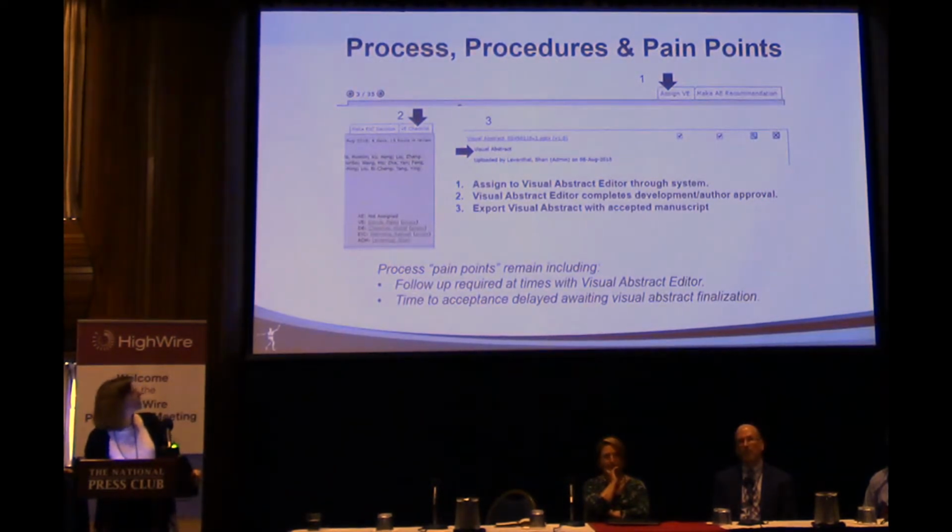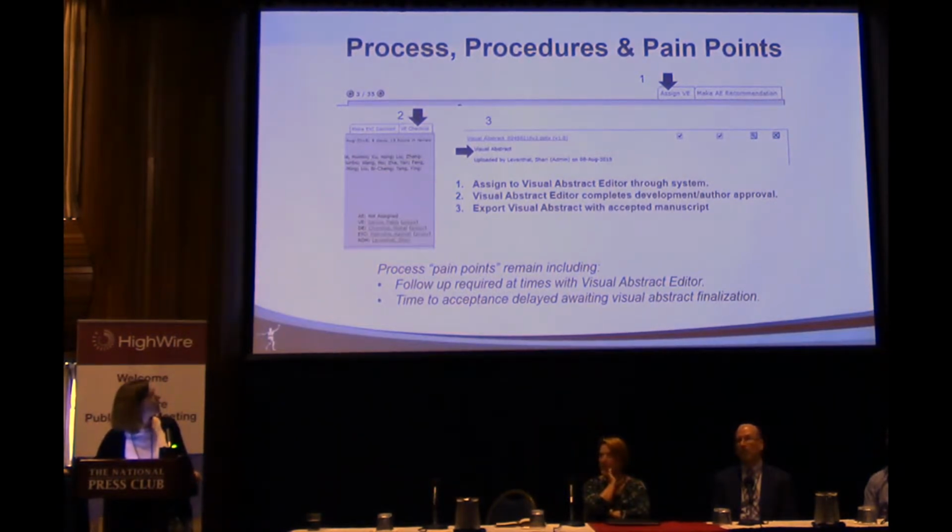So this is my process. We use Scholar One, I have something in the system where I assign it to a visual abstract editor. That workflow stays, whether it's an original or a revision, you know, R1, R2, it just stays up there. And I can assign it to the visual abstract editor at any point.